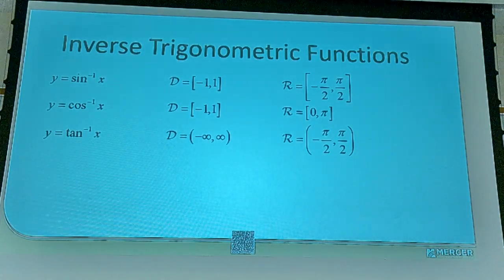Remember, the tangent function is undefined where cosine is 0, which is at negative pi over 2 and positive pi over 2.